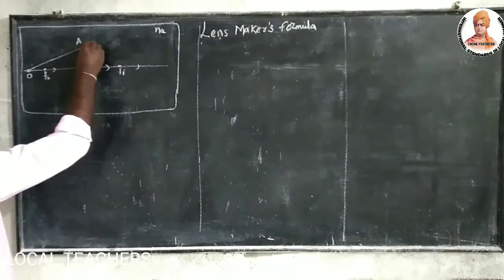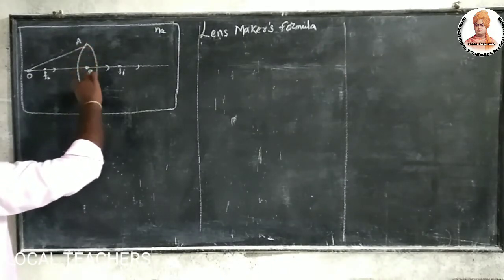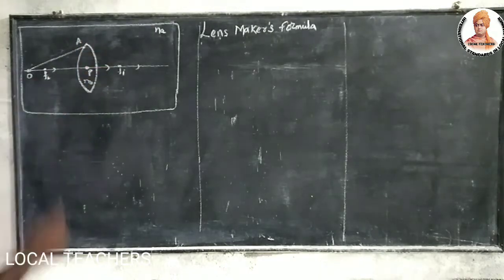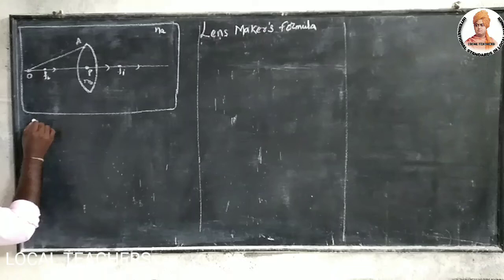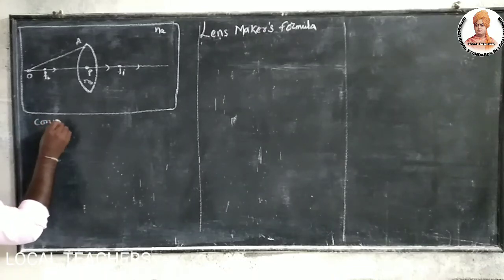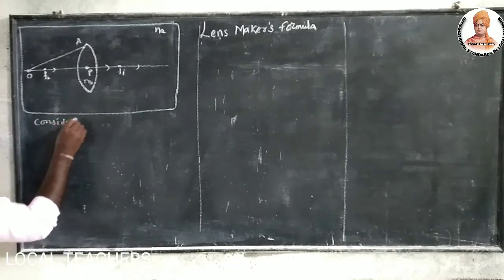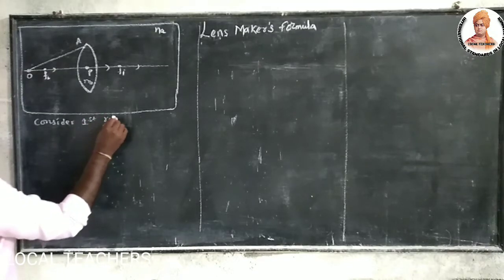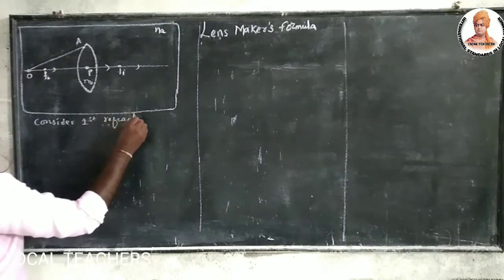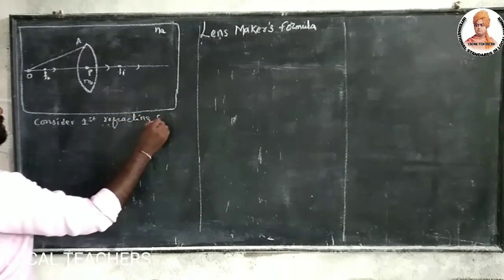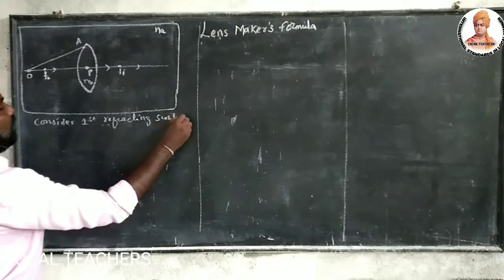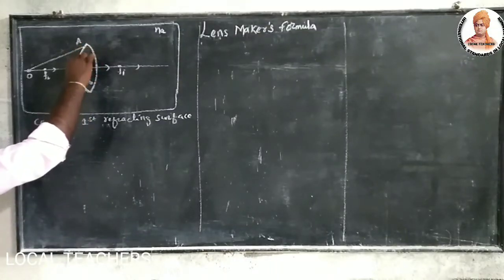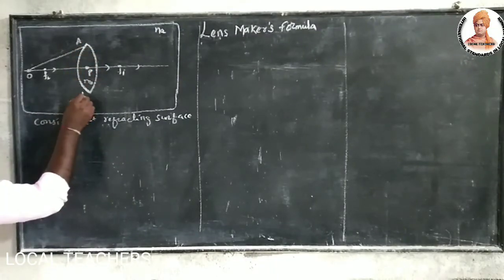Here this convex lens will have two refracting surfaces. Here I consider the first refracting surface, which is nothing but this one.